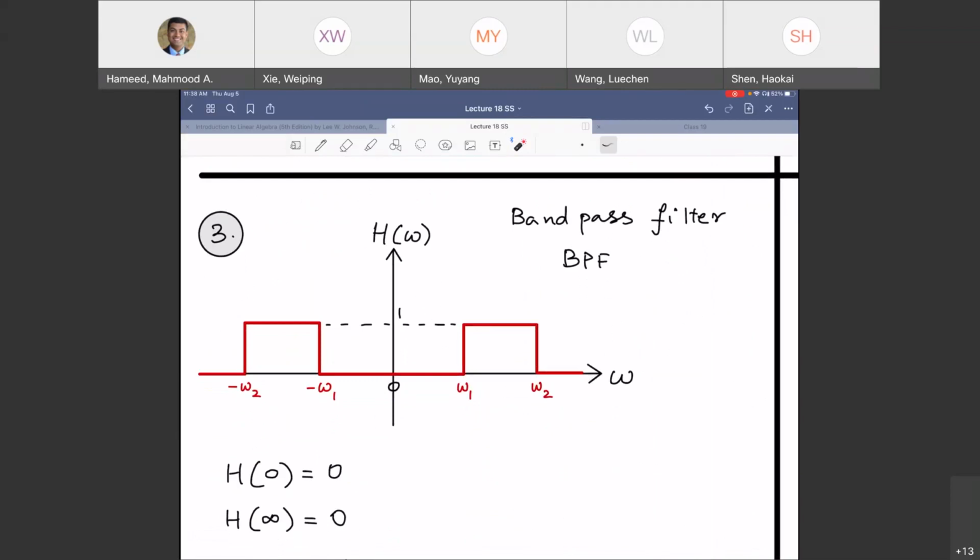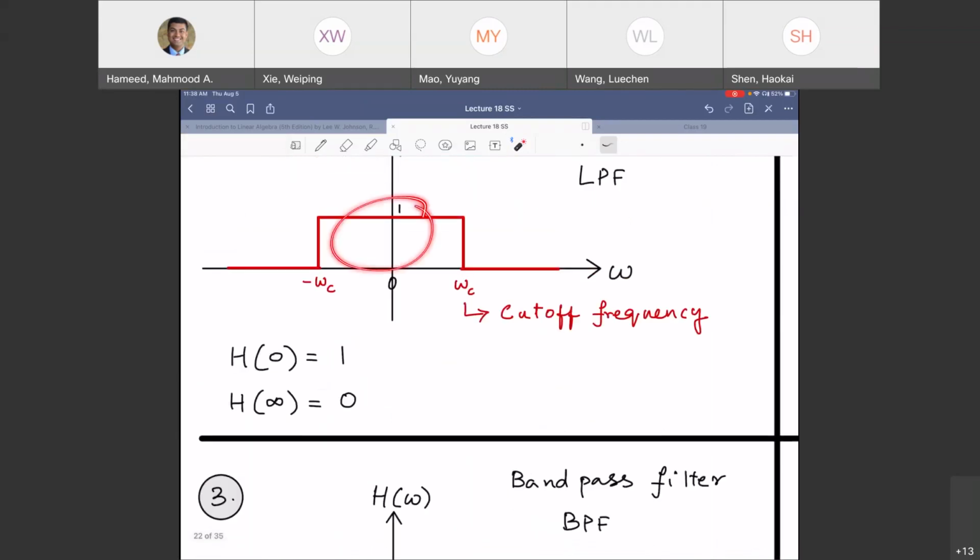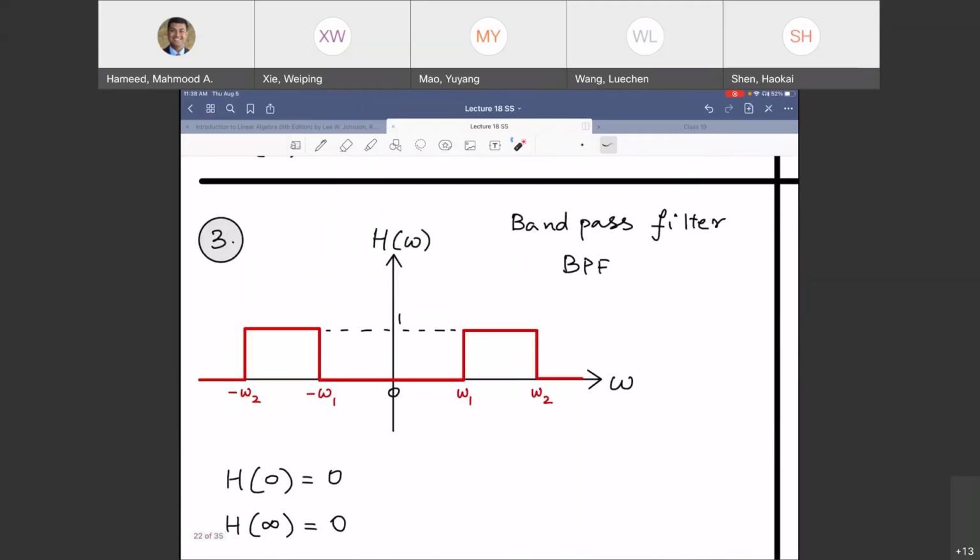That's an ideal band-pass filter. It is passing the frequencies between omega 1 and omega 2. Almost like taking a low-pass filter and moving it up in frequency. So what do you have for a band-pass filter? Well, the bandwidth is omega 2 minus omega 1. At 0, it is 0. At infinity, also it is 0.